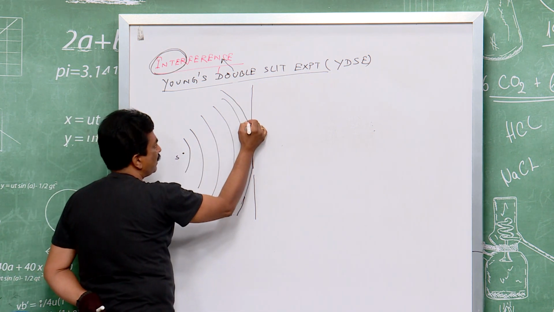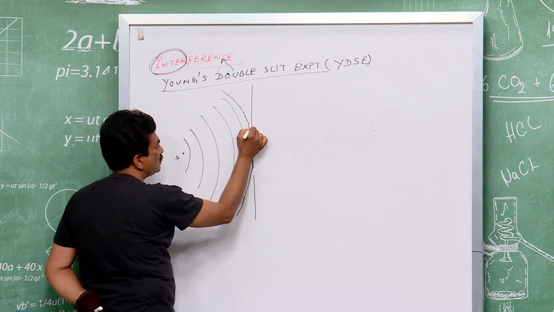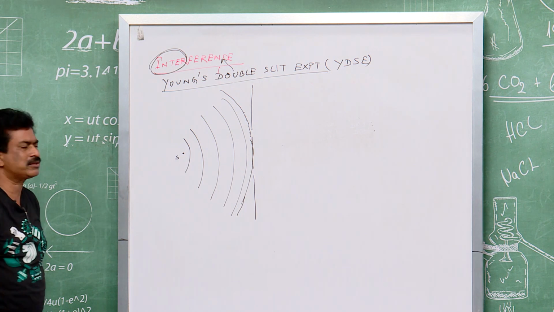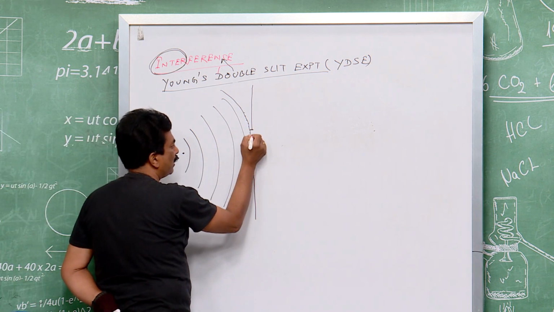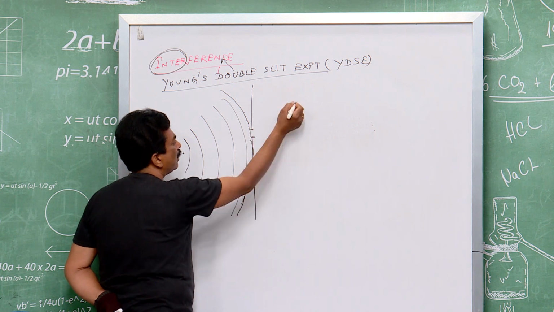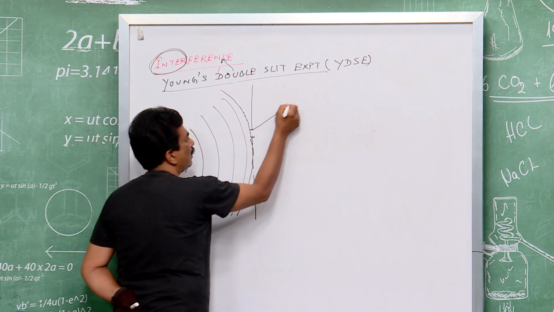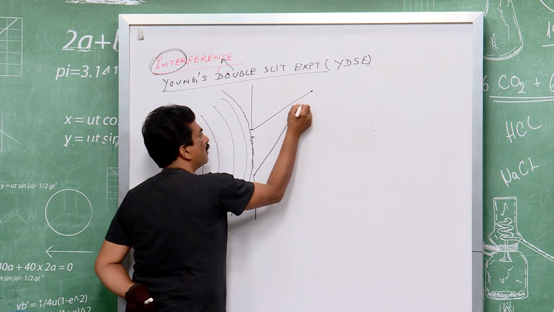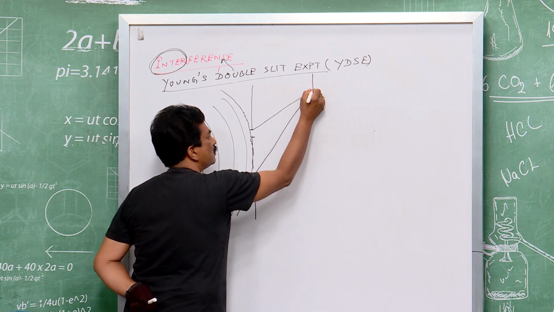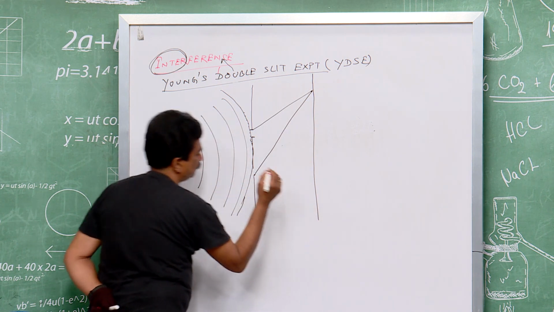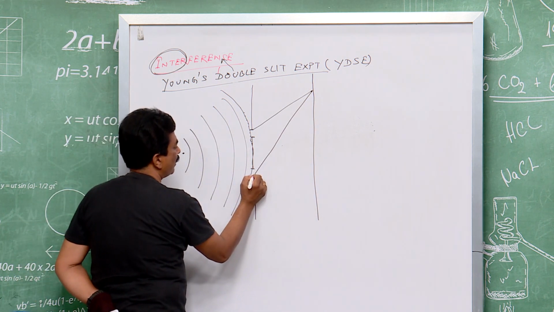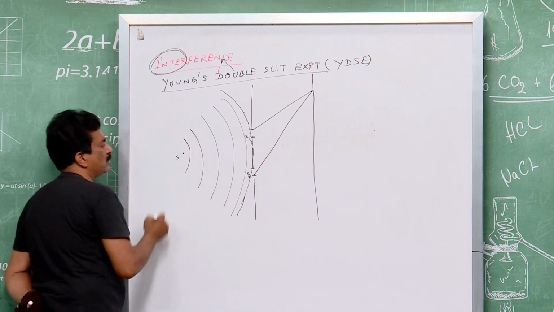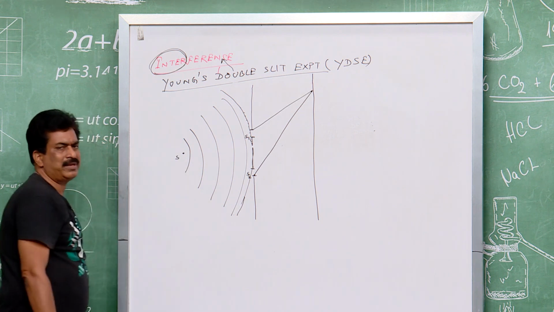When this light comes, according to the Huygens principle, every point of it behaves as a source of disturbance. So from here a ray comes and from here another ray comes. Suppose this is the screen. This is one slit, say S2, this is the other slit, say S1, and this is the primary source.